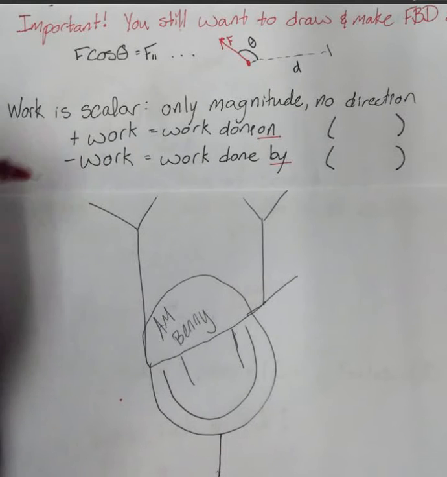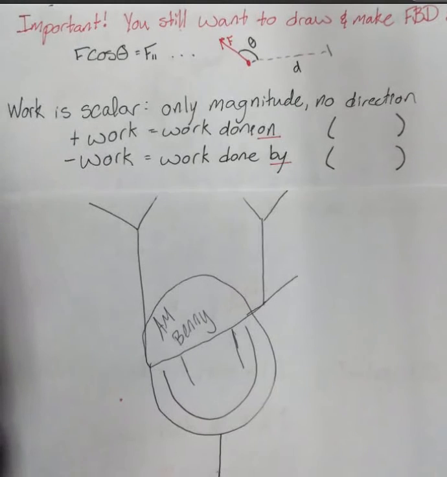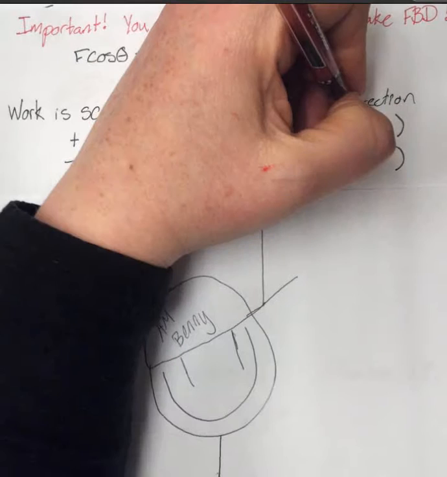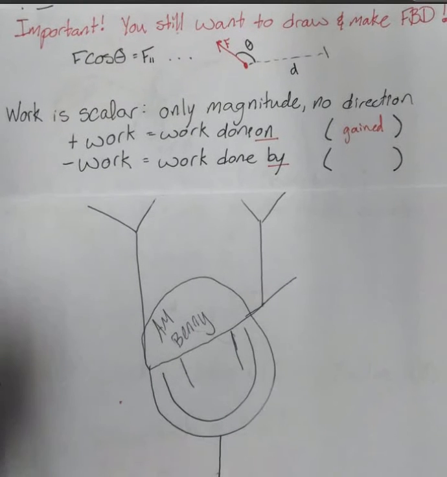The positive and the negative for work actually mean the work was added to the system or the work was removed from the system. If work was done on an object, then that work was positive and that work was gained by the system. The system gained the benefit of that work.